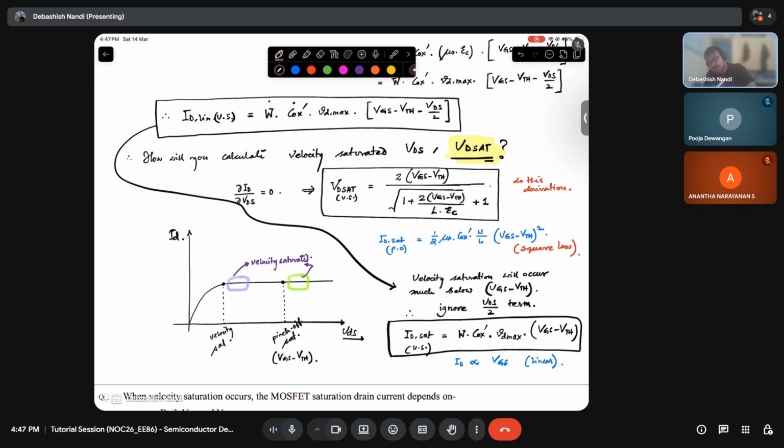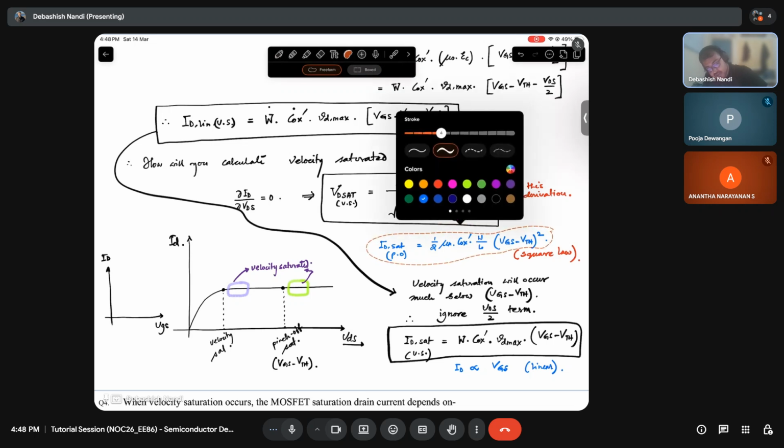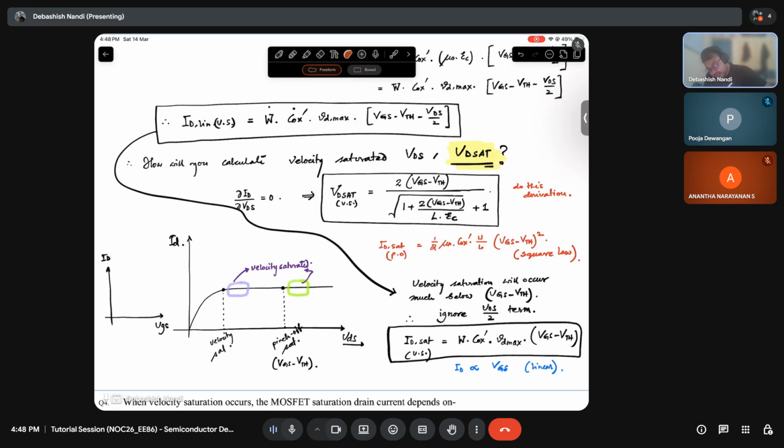So if you see your ID-VG, if this gives me square law kind of characteristics, pinch off saturation, velocity saturation gives me something like this.